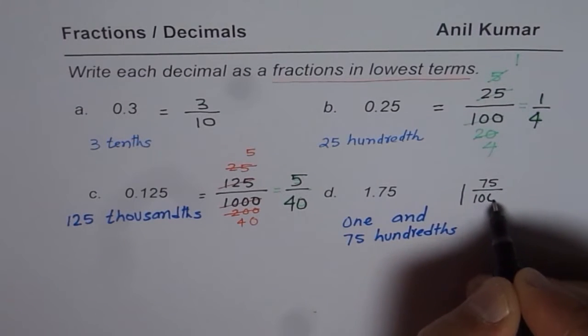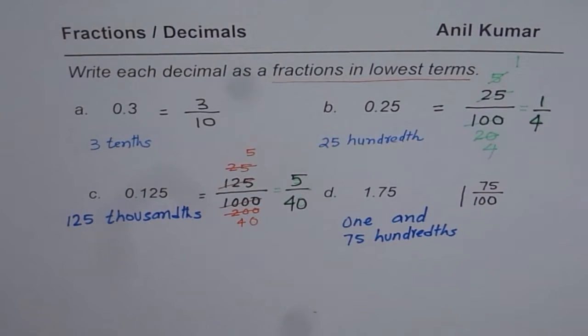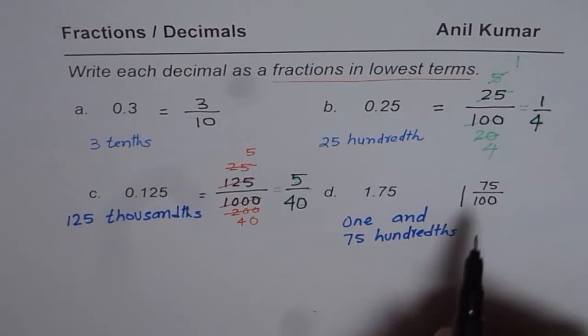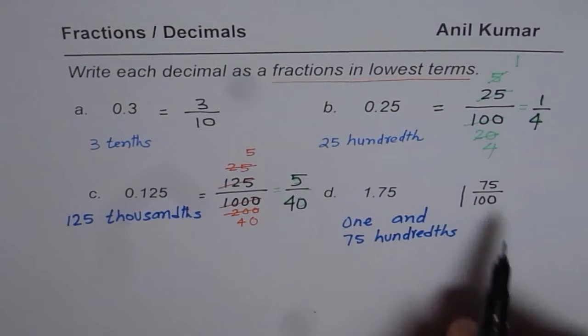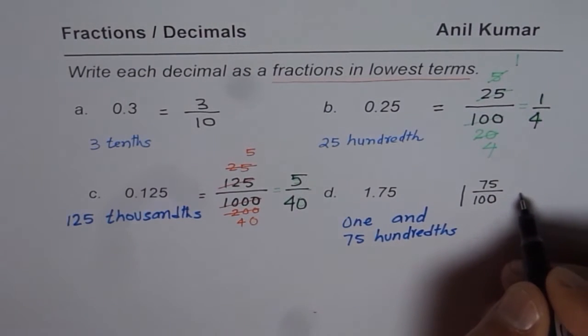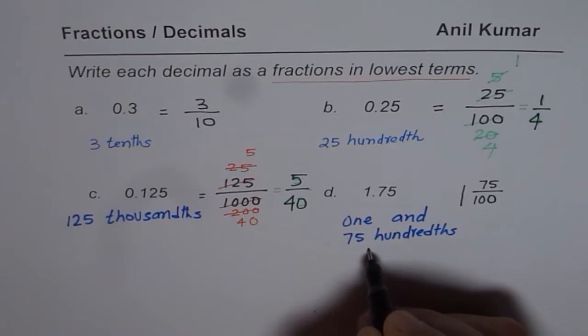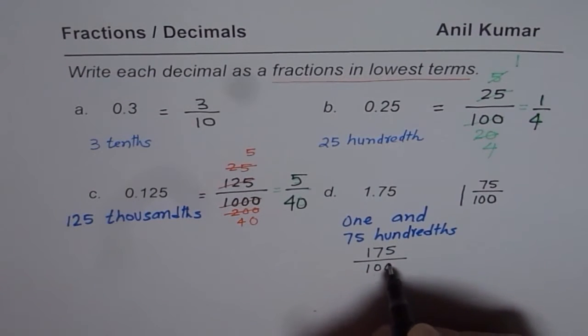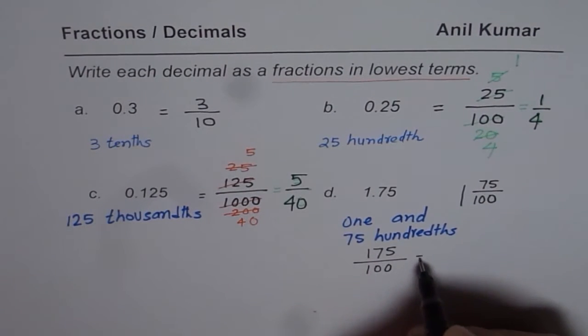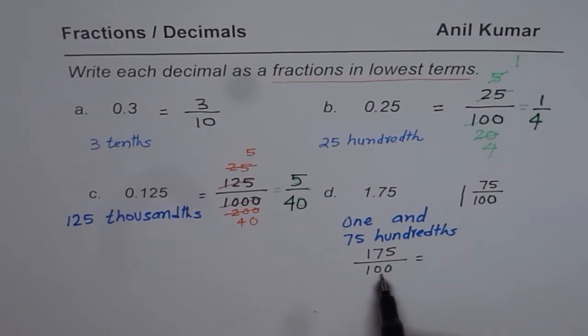Do you see that? You could do that. Or you can also say 175 hundredths. You could do that also. Both are correct. Okay, either one of them is okay. Let's do with this now.